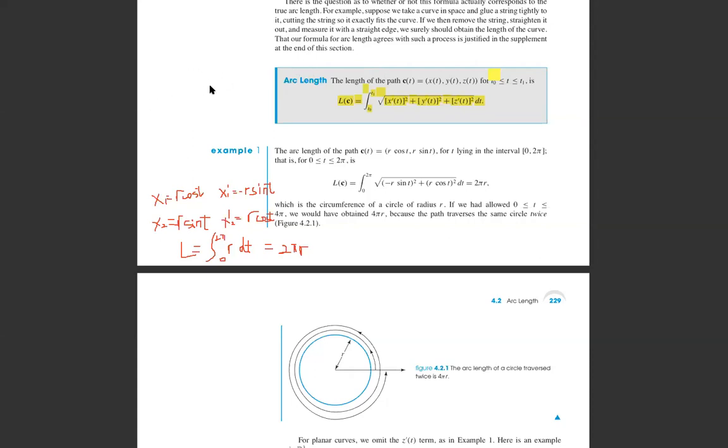So in this case, our path C takes values from R, right? The argument t is a real value, and you output a vector in R2. So basically you output a position in R2.